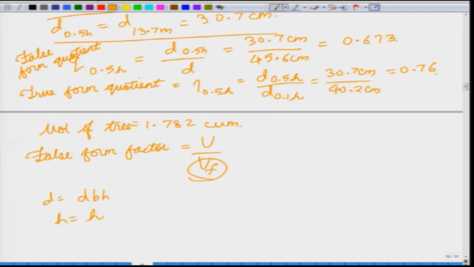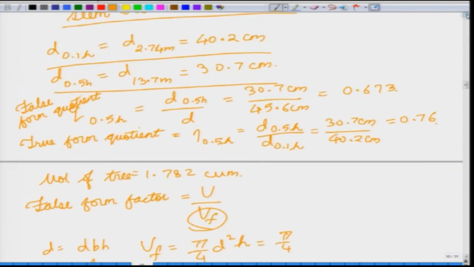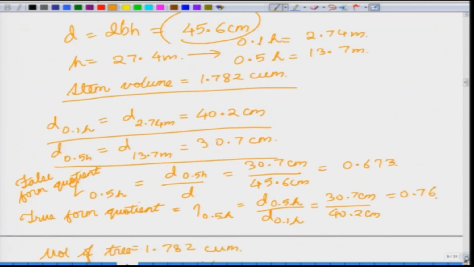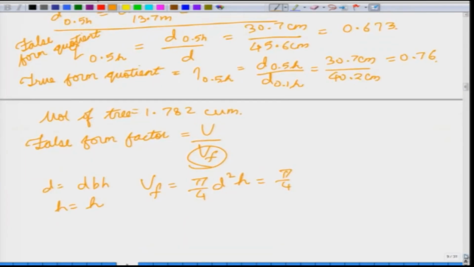So, the volume of a cylinder is pi by 4 d square h. So, this is pi by 4 d, and we have d as 45.6 centimeters. So, you convert 45.6 centimeters into meters by dividing by 100, into the height of the tree, which is 27.4 meters.